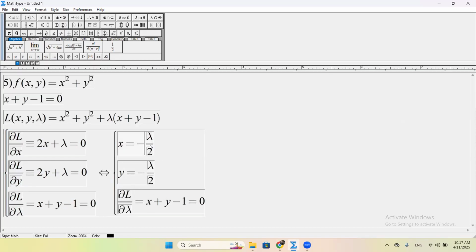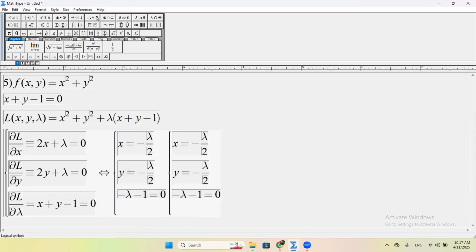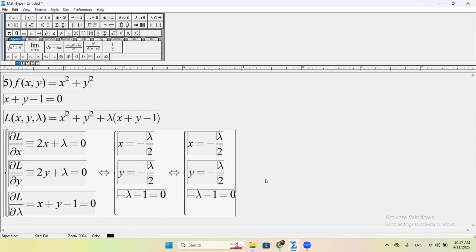And here we'll substitute x and y with this lambda. So minus lambda minus 1 equals 0. So let's find the final solution.